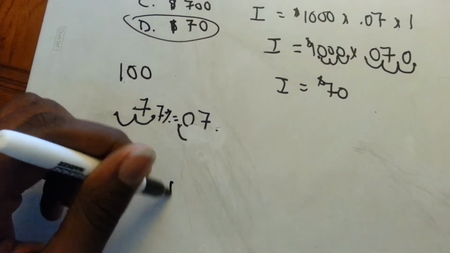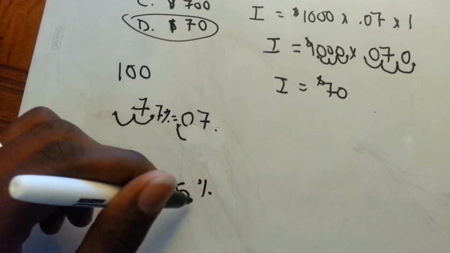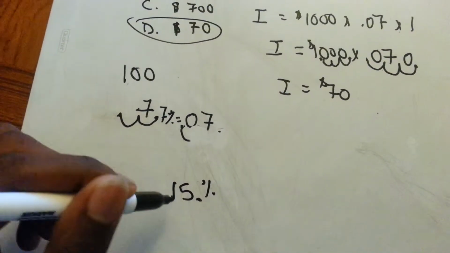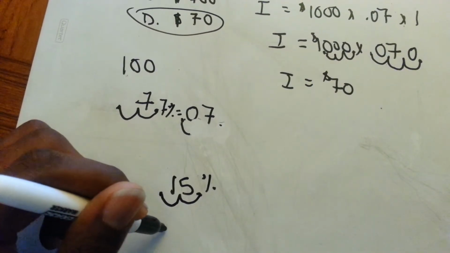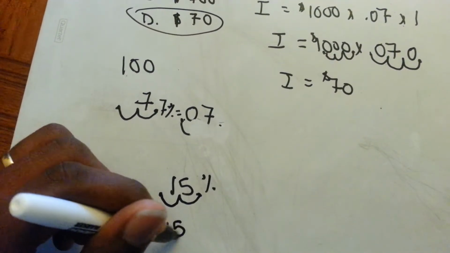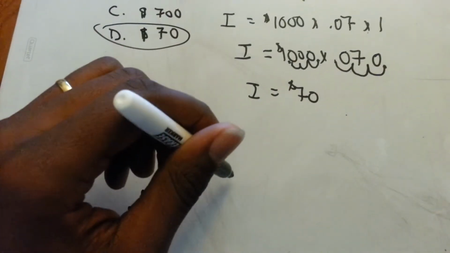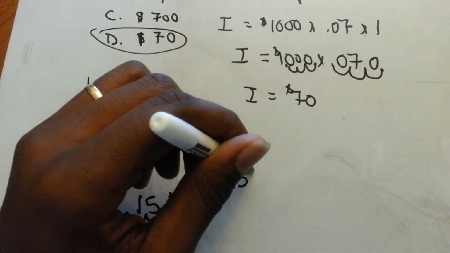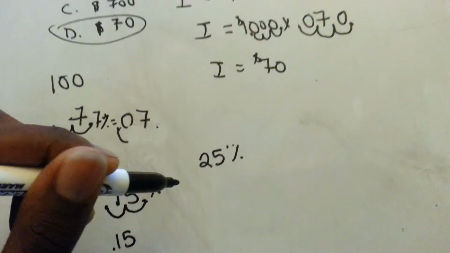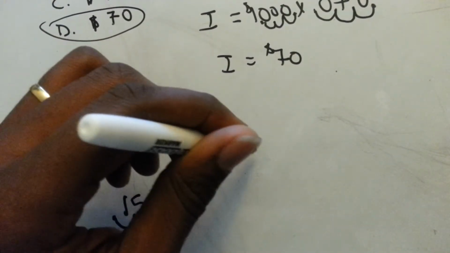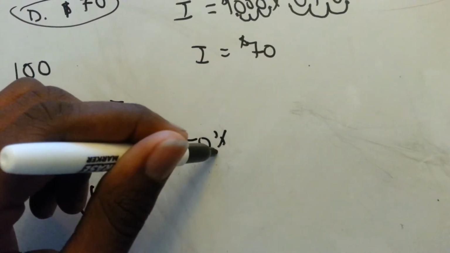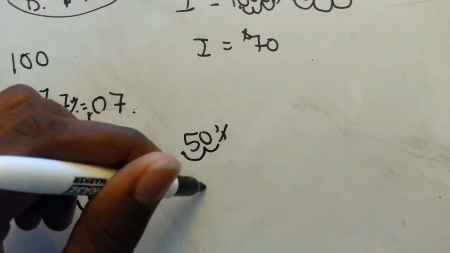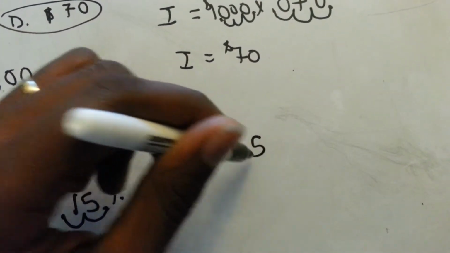I'll do it with another number. Let's say we have 15%. Decimal point would be here. 15% as a decimal, you move it 1, 2 places. As a decimal, 15% would be 0.15. 25%, we should all know. We'll do 50% because that's pretty common. 50% as a decimal, you move the decimal point 2 places, 1, 2. 50% equals 0.5.